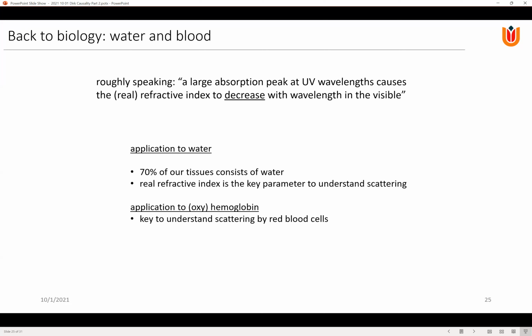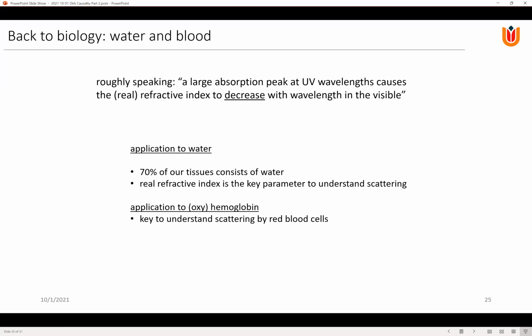If there is a large absorption peak there, then that will lead, in general trending, to a decrease in the real refractive index in visible wavelength ranges. So from, let's say, 500 to 800. So a peak here would lead to a decrease there.